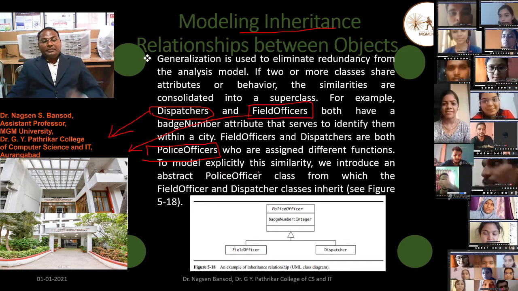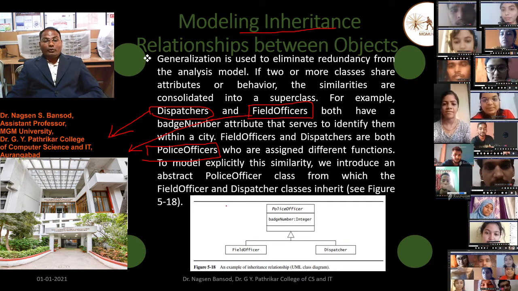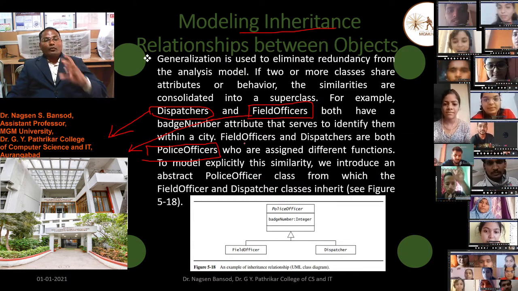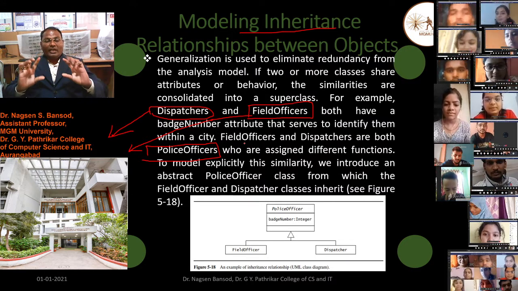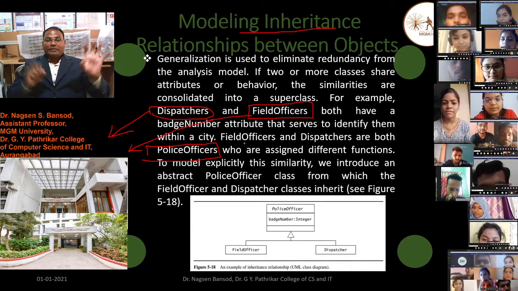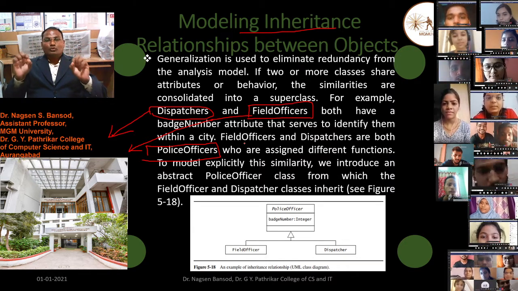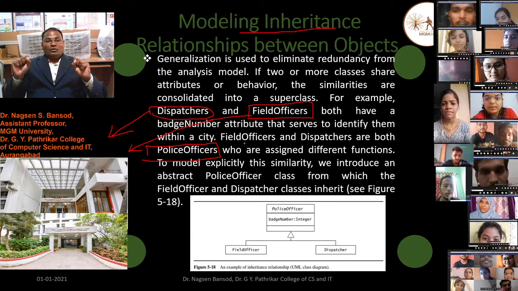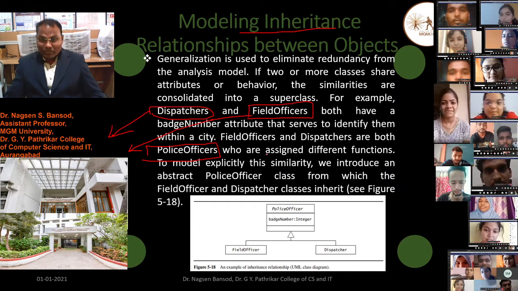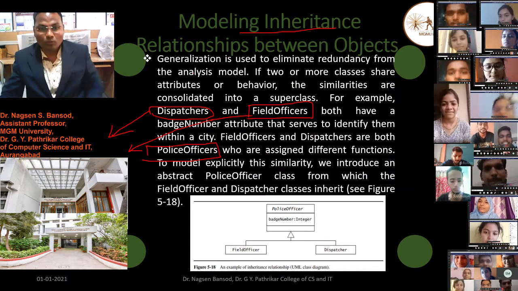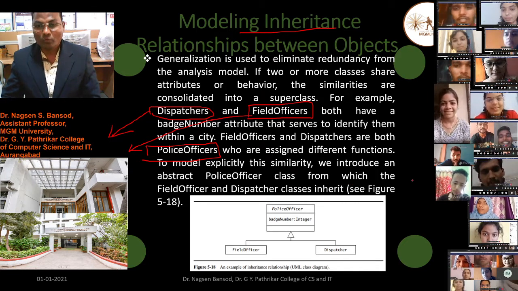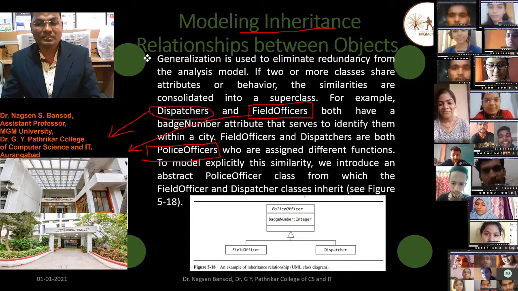To model explicitly this similarity, we introduce an abstract police officer class. For modeling these two people, dispatcher and field officer, we can use one abstract class, the police officer, who is assigned different functions.